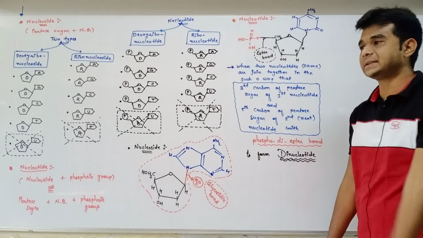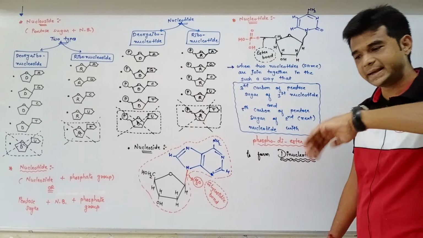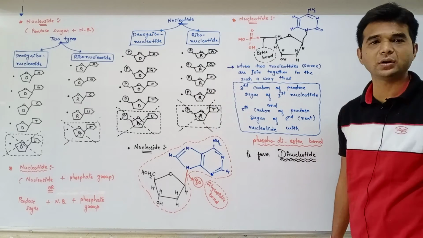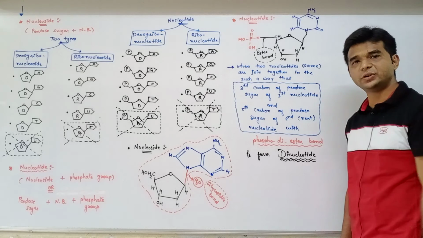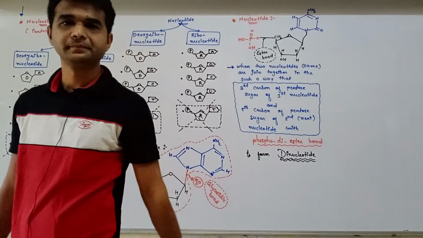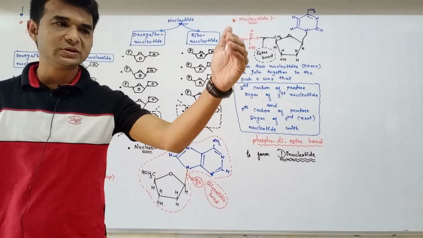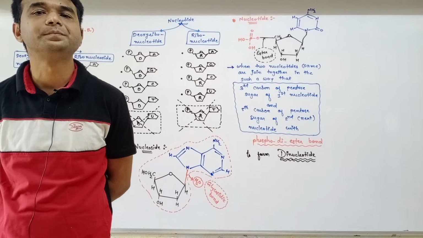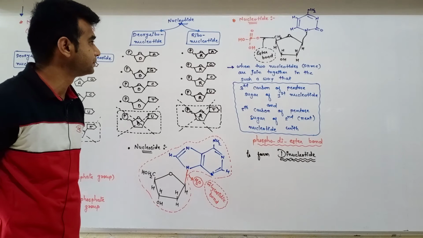Okay, someone says that sir, I can use the deoxyribonucleotide and next can I use the ribonucleotide? No way at all. If you use the deoxyribonucleotide, then you have to use the same one. Same way, if you want to use the ribonucleotide, then you have to use the same. Fine, but this is the most important one.